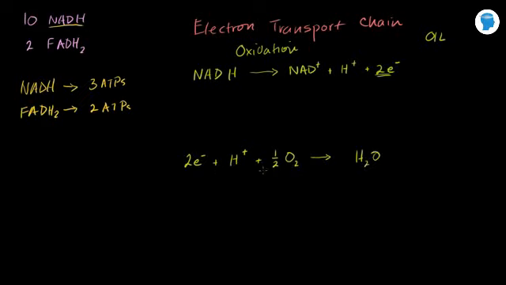And you could view this as adding electrons, or gaining electrons, to oxygen. Oil rig, reduction is gaining electrons. So this is the reduction of oxygen to water. This is the oxidation of NADH to NAD+.